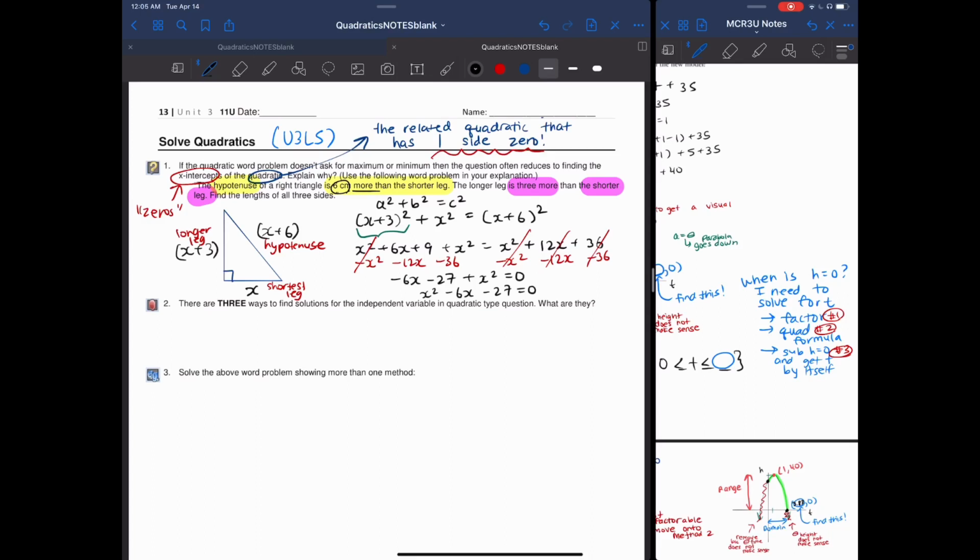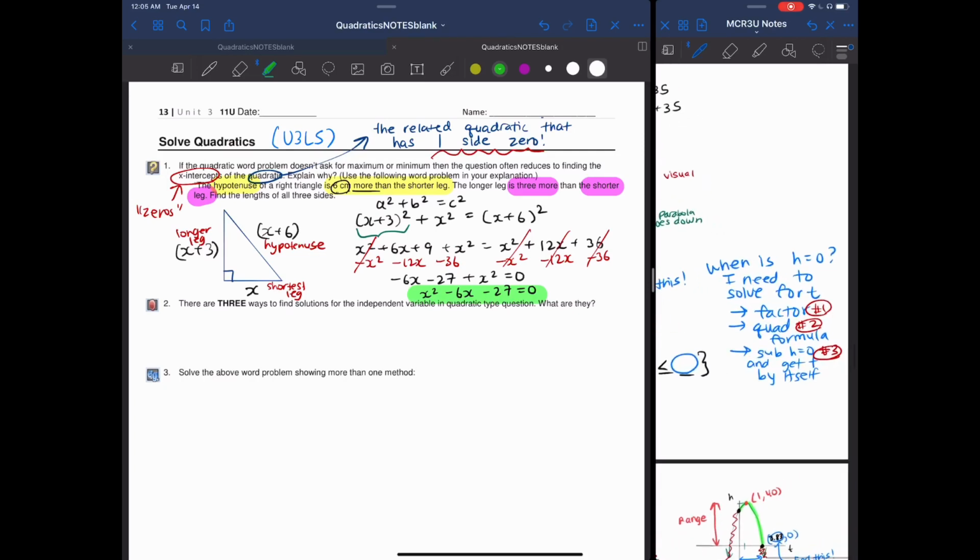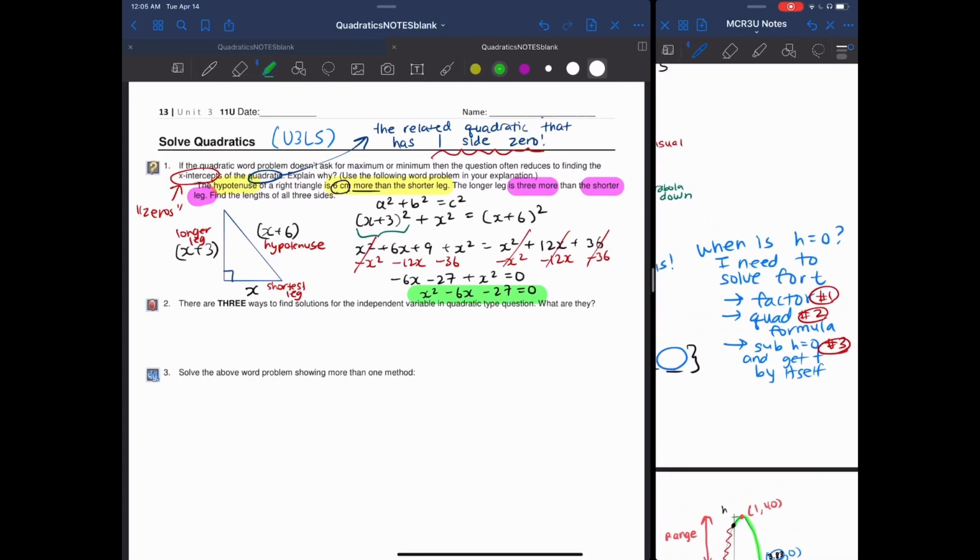So when I have a quadratic formula like this, in standard form, and I need to solve for x, there are 3 ways that I could go about it. One, I could try to factor it. That way I could see what my factors are, and therefore find my x-intercept that way. Second, I could use the quadratic formula if my factoring doesn't work out.